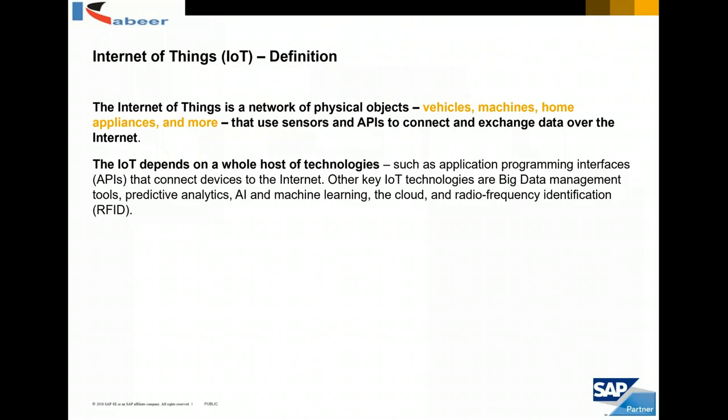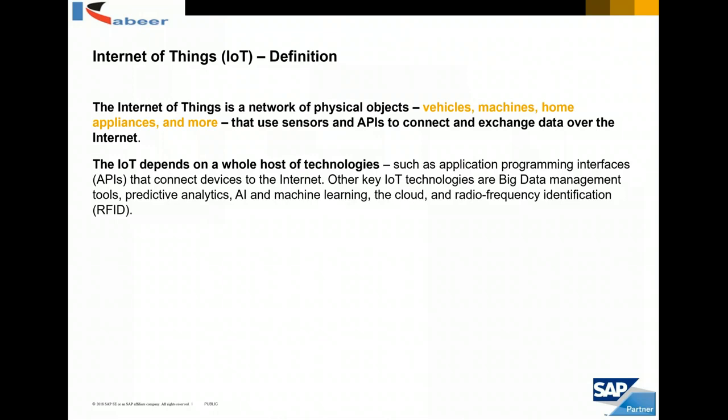Now, if you look everywhere, your vehicle, your car is a digital device. Your home appliances are digital devices. Various machines which you're using in your production, in your office, they're digital devices. When you walk into the mall and take a picture, that is a digital footprint. Internet of Things intends to go beyond connecting your laptop and desktop.